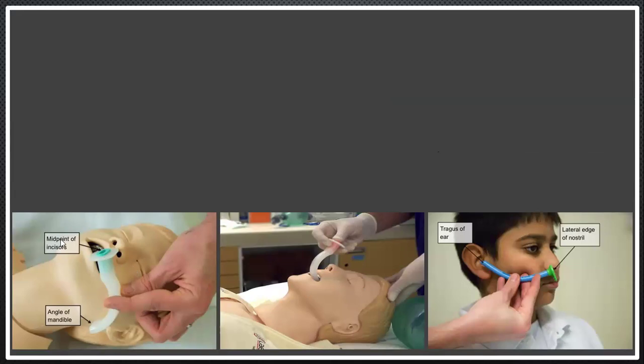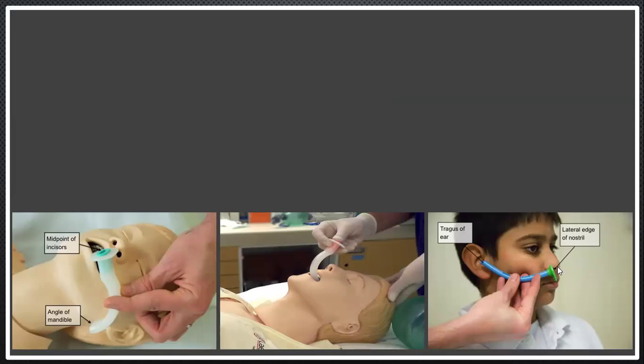How to size: from the midpoint of the incisors to the angle of the mandible. In adults, you will insert it upside down, and when it reaches and touches the hard palate, you can rotate it 180 degrees. In pediatrics, you can insert it directly without rotation.